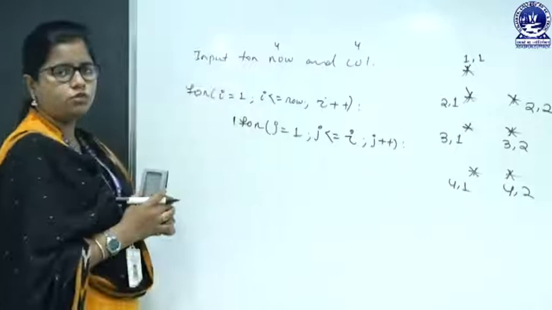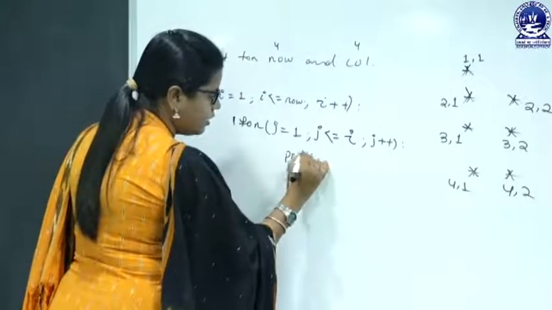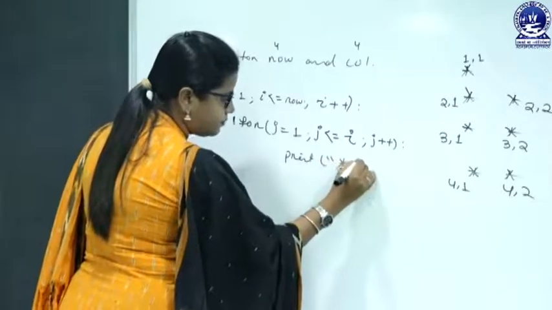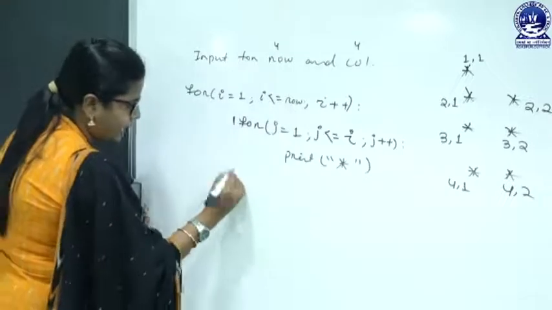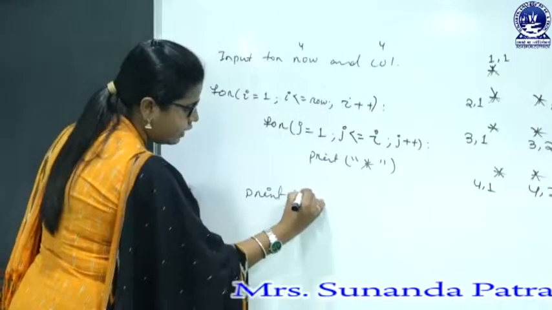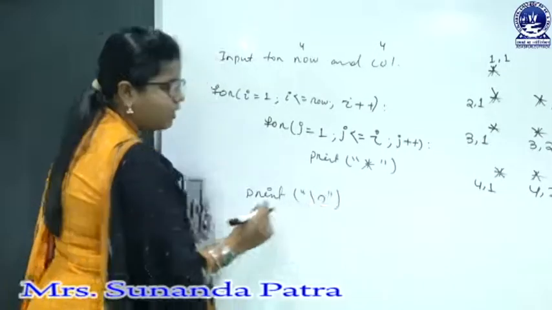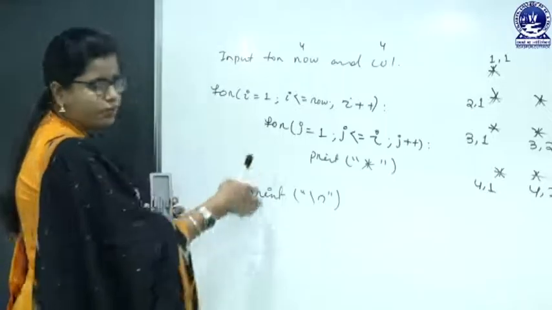Then again we need to follow the indentation. Then we have to print the star. Then for the outer loop we follow the indentation and here we need to write the slash n, that means the line break. Then this will be complete.